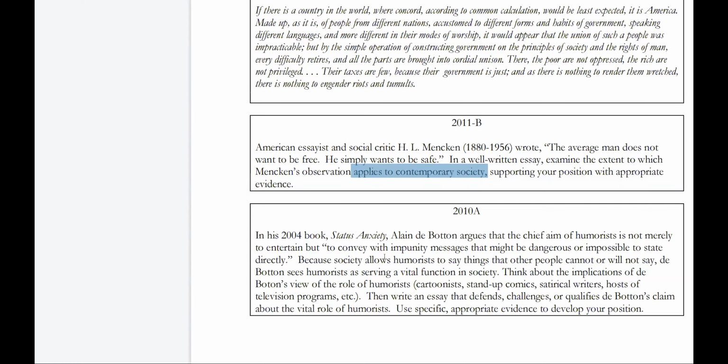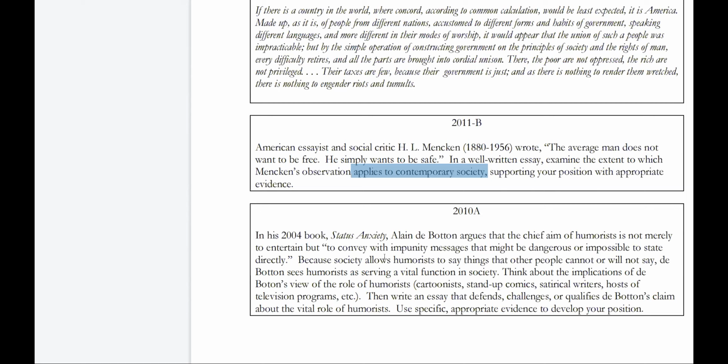All right, so back to you, Julian. True, false, or pros, cons? I think it's true, false.